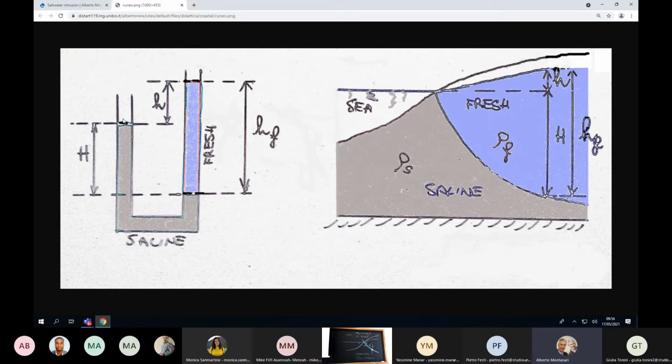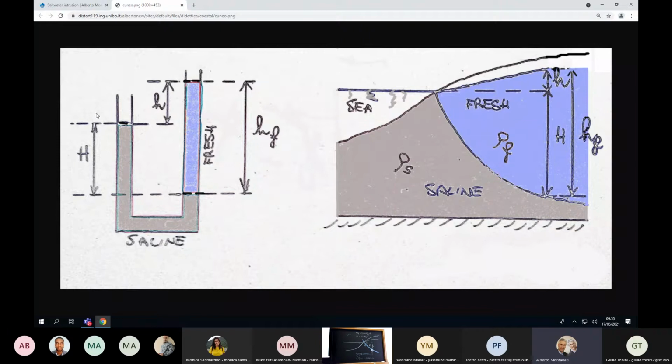The U is a pipe. If you put fresh water in the left channel, what happens? Imagine that these two vertical segments are indeed vertical, okay? So this pipe, this U, is placed along the vertical direction, okay?